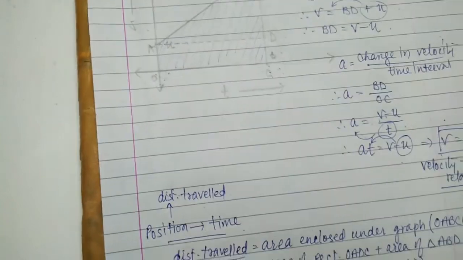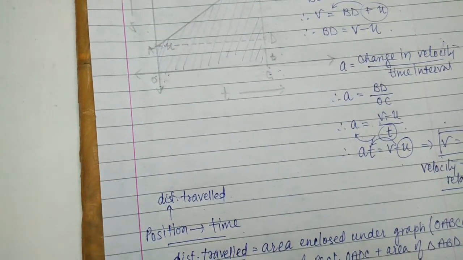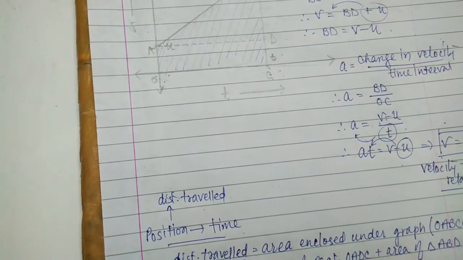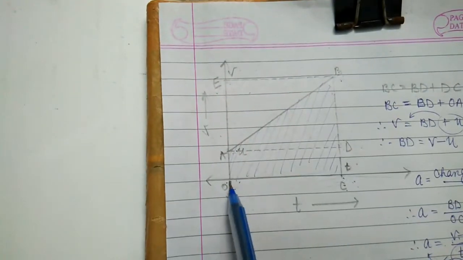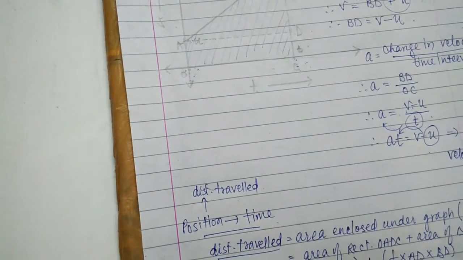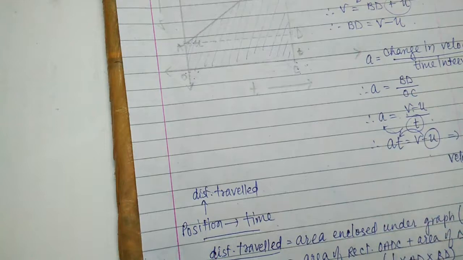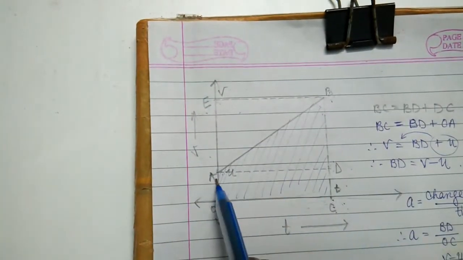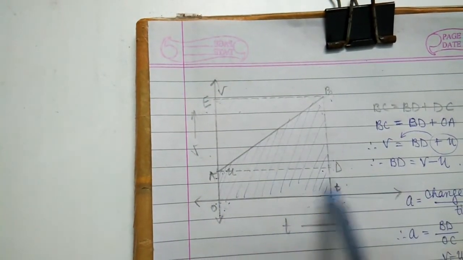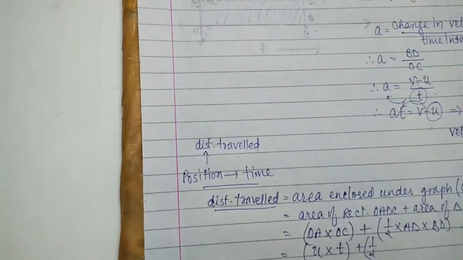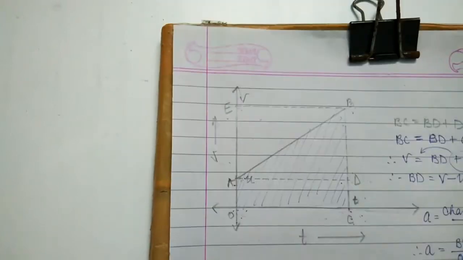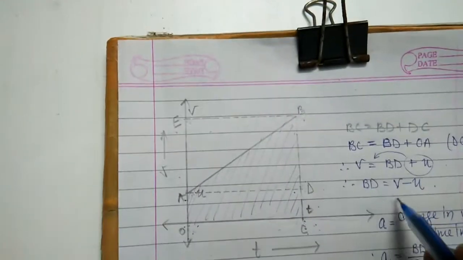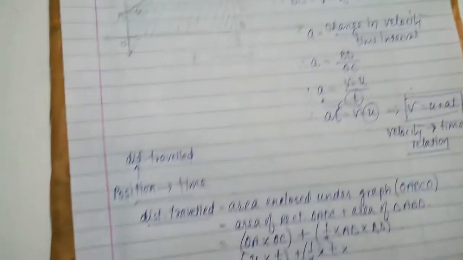OA is equal to U. OC is equal to T. AD means OC is equal to T. And BD, this is BD. BD is equal to V minus U.